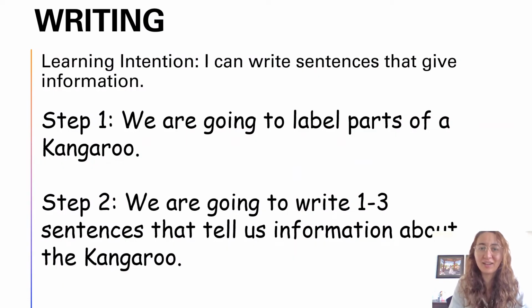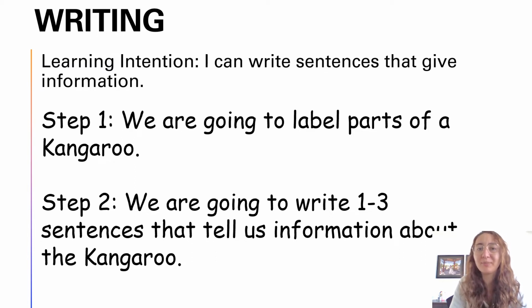Again, our writing intention is the same: I can write sentences that give information. We've already labeled the parts of the kangaroo, and today we're going to write a sentence about the kangaroo again.